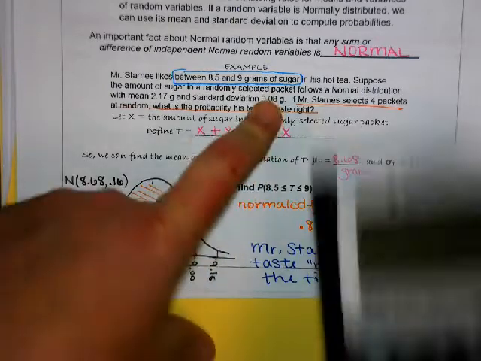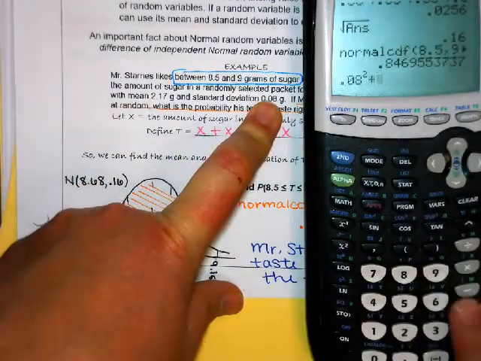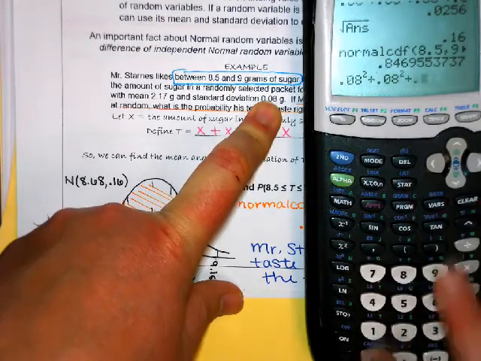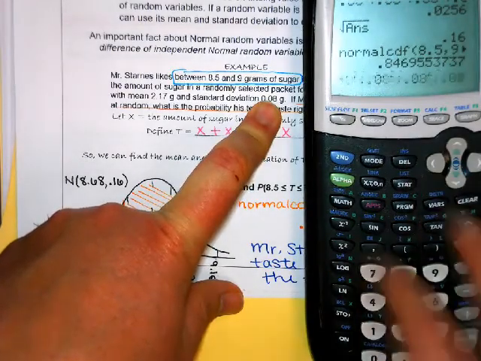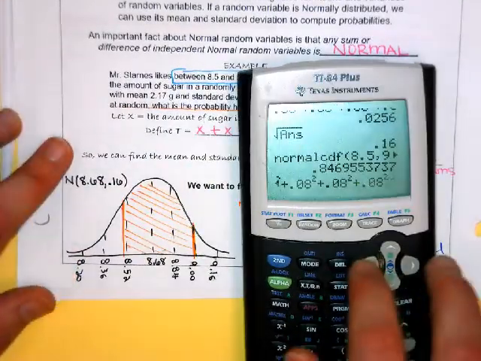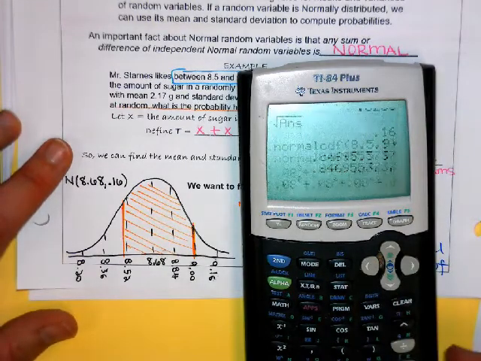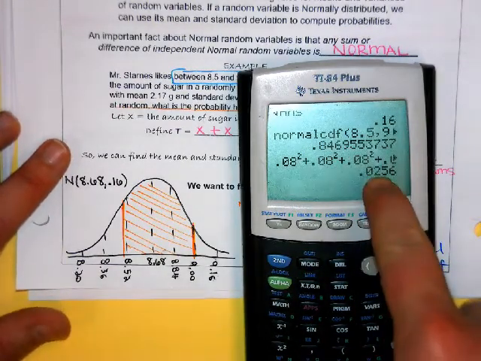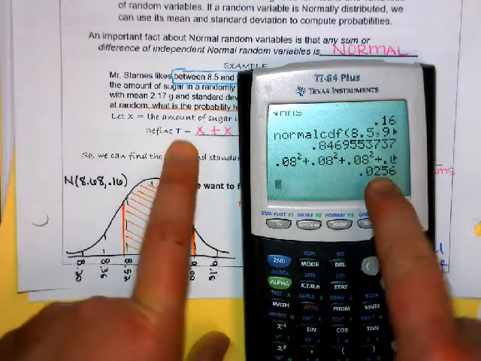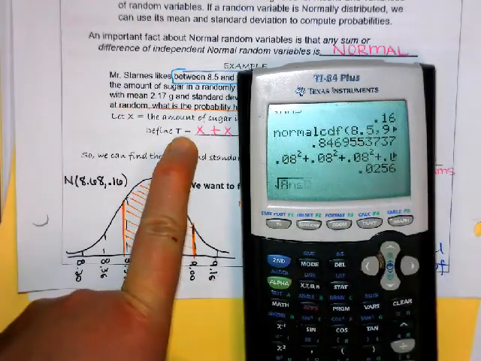So I have the variance added together 4 times, and then that gives me that. So that's the variance of T, but I want the standard deviation of T, so I'm going to square root my answer. Good? Okay. Any other questions?